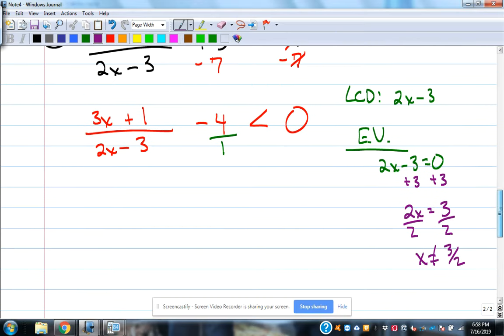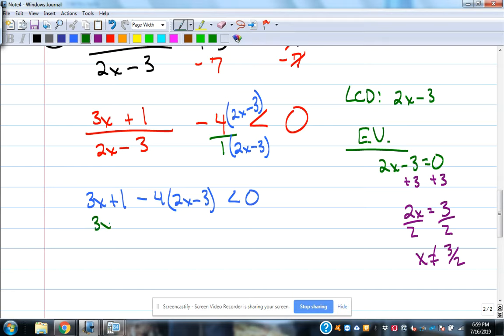Now I need to go over here and fix this problem. So I need a 2x minus 3 on the second fraction. Again, they're not going to get too difficult on the inequalities because it is a long process anyway. And then so we're going to take 3x plus 1 minus 4 parentheses 2x minus 3 is less than 0. Work that out.